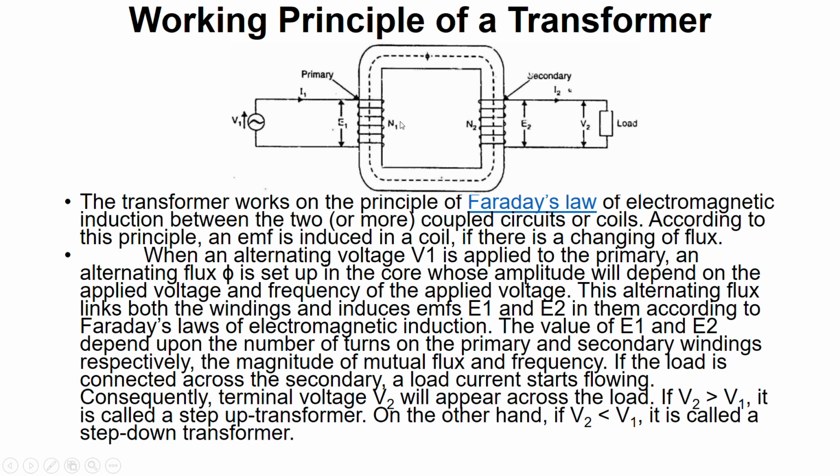Now you see, this is the mutual flux. If you apply this voltage, then an EMF is induced in the primary also, and a mutual flux is set up. This mutual flux is changing, so it is called a static device. The mutual flux is changing and it links to the secondary winding. Due to the changing of mutual flux, an EMF is induced in the secondary also.